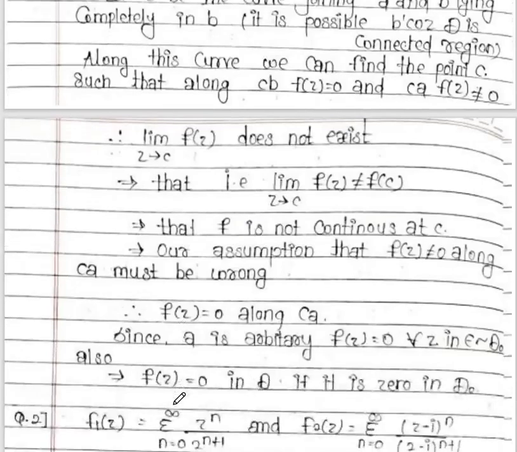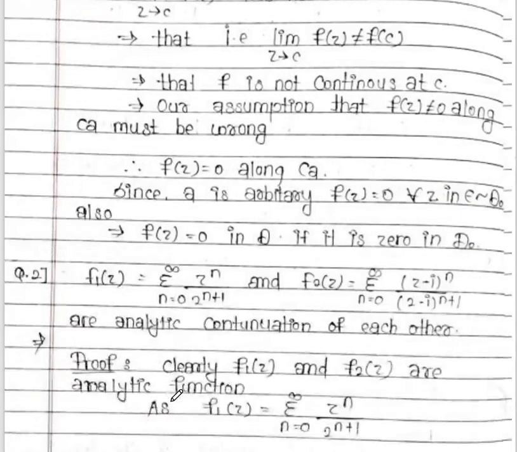So therefore f of z equal to 0 along CA. Since A is arbitrary, f of z equal to 0 for every z in D. Also f of z equal to 0 in D if it is 0 in region D0.